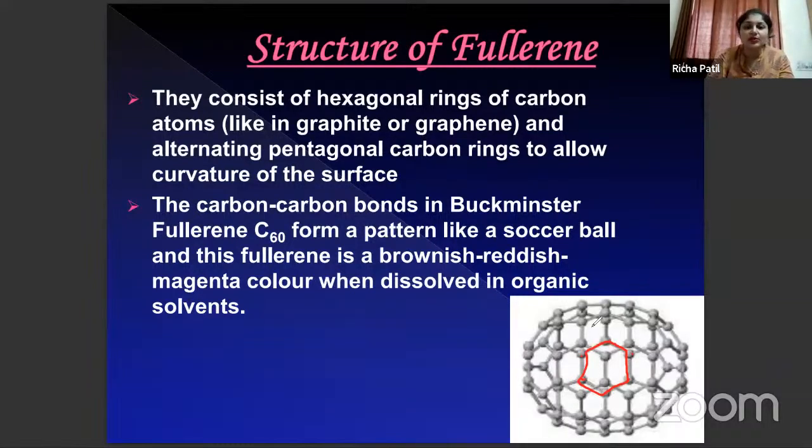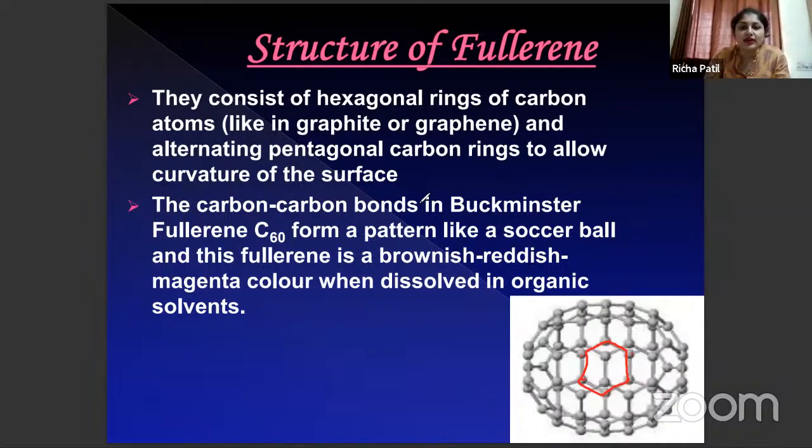The carbon-carbon bonds in Buckminster fullerene form a pattern like a soccer ball. Together, the alternating hexagonal and pentagonal rings make the shape of a soccer ball.